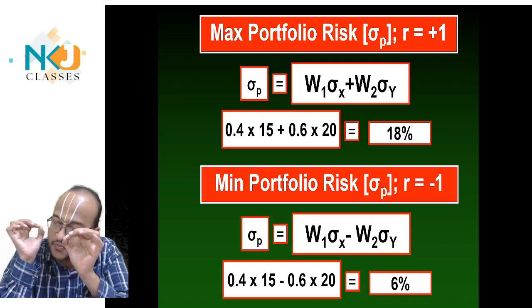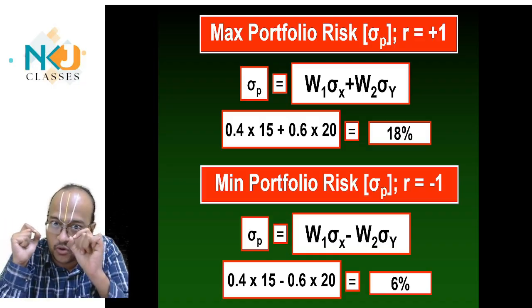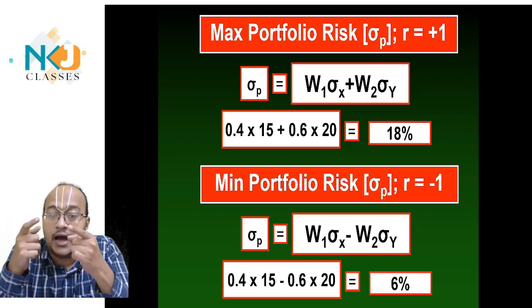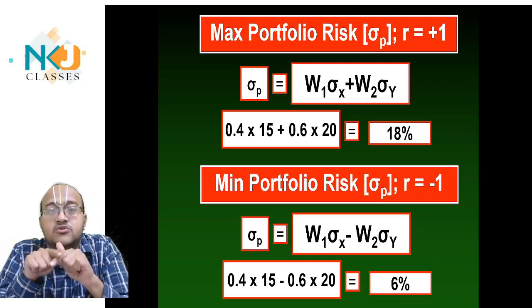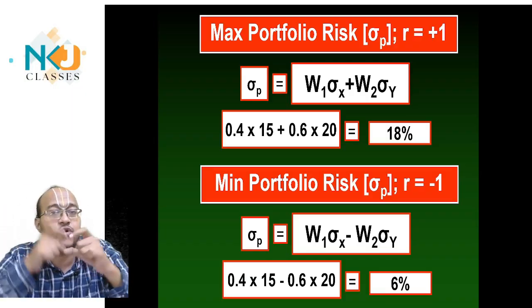If the correlation between the two securities is exactly -1, I can even bring the risk to 0, but only by investing in some proportion as per the formula which I computed.